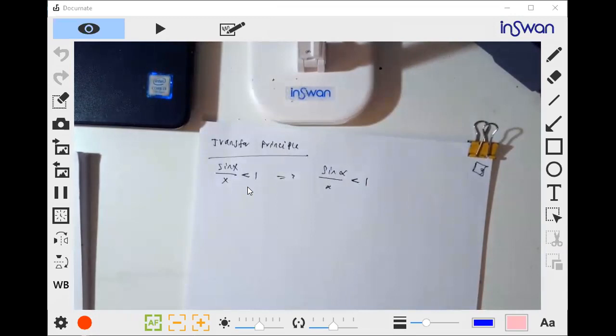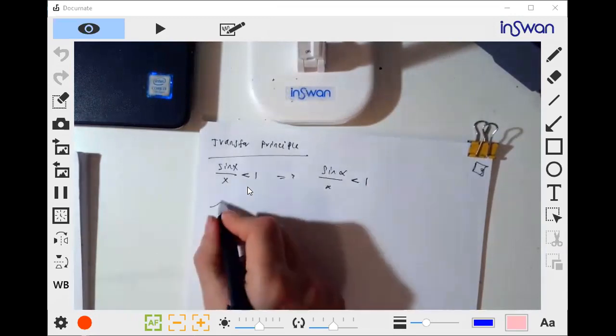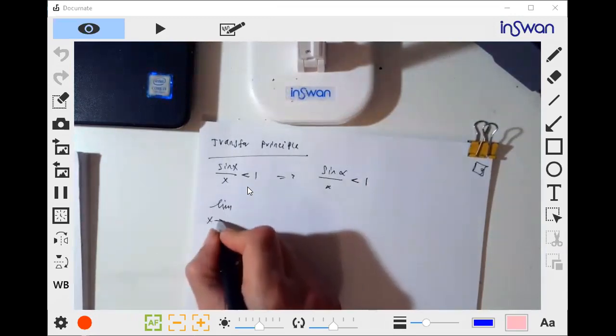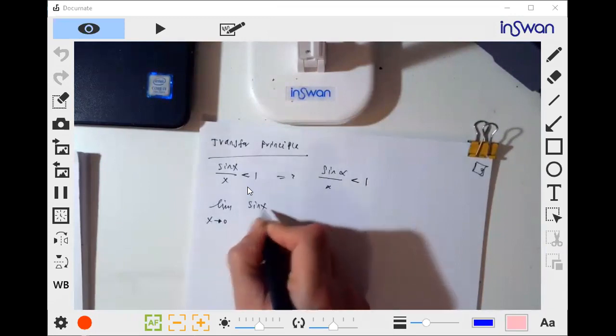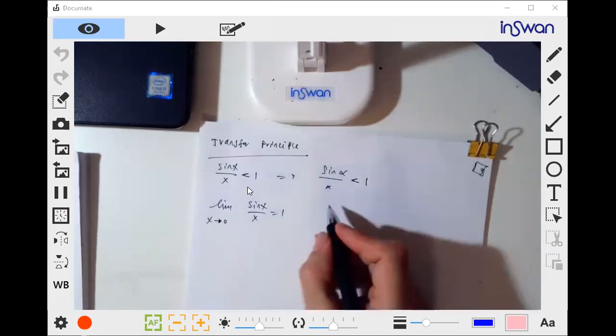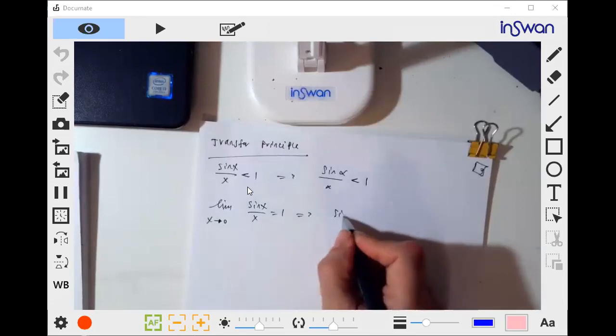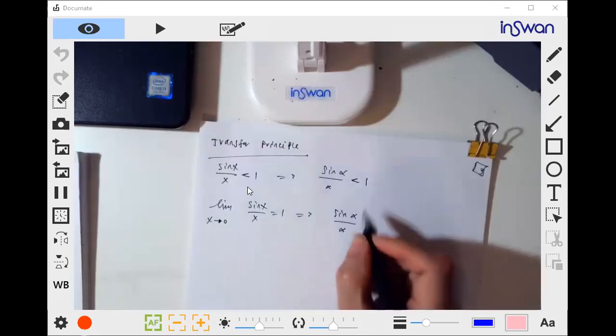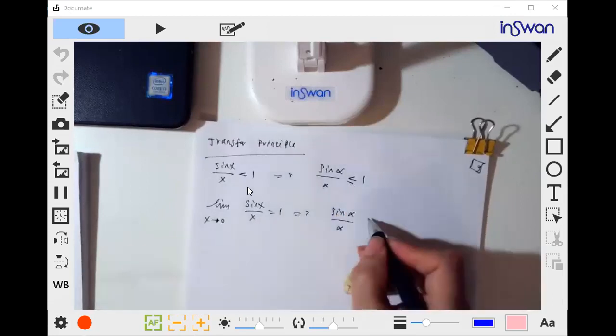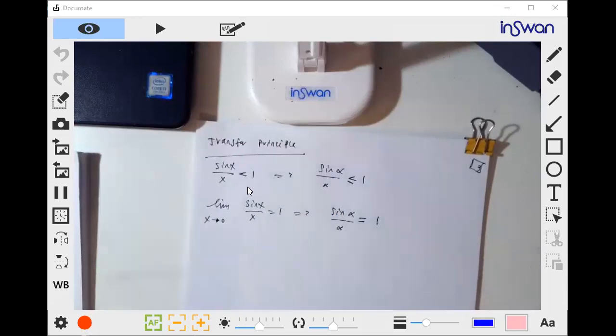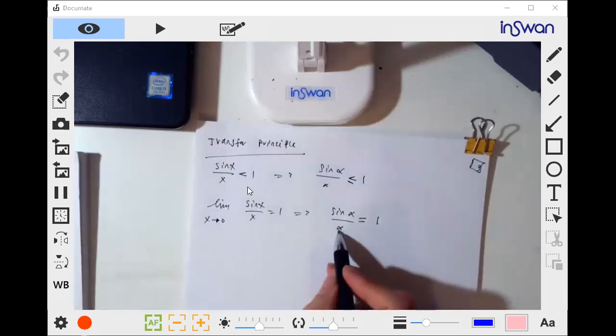And matter of fact, because the limit as x approaches 0 of sine of x all over x is equal to 1, that means sine of alpha all over alpha, so we should say less than or equal to, it ends up equaling 1 because alpha is basically 0.